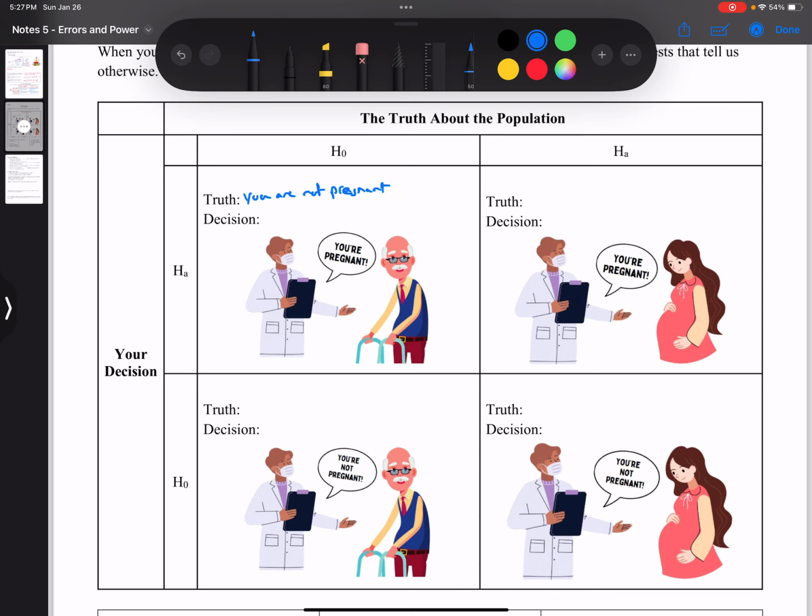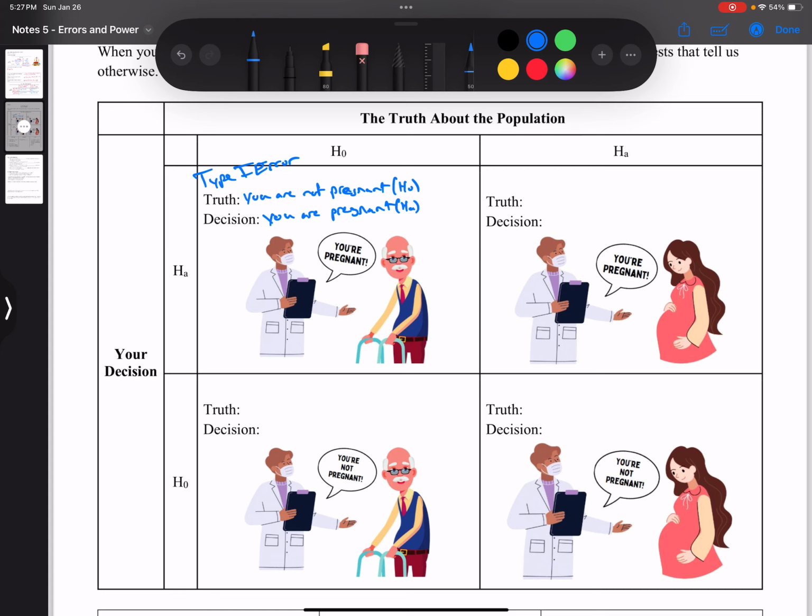But this doctor went back, ran a test, and then came back and told this guy that you are pregnant. So wrong decision. This is where we rejected when we should not have, when we found in favor of the alternative when the null was true. This is our type 1 error.